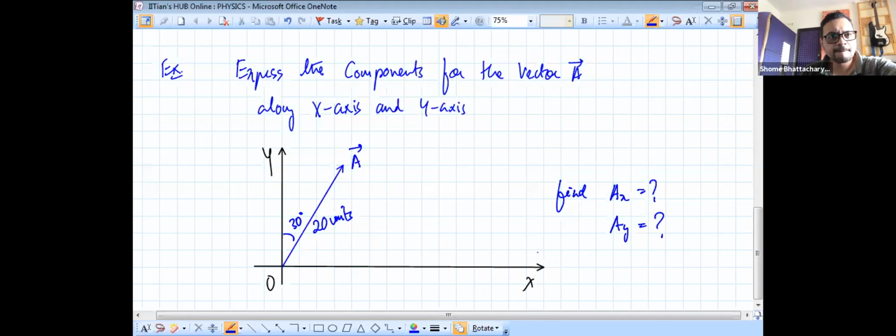Adinath, correct. Okay, so far Adinath and Veer have got this correct.